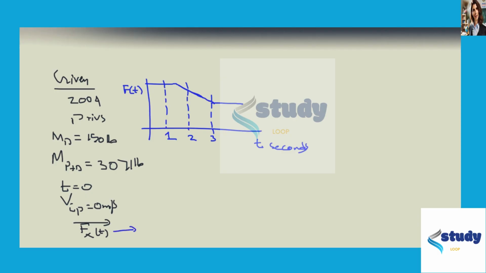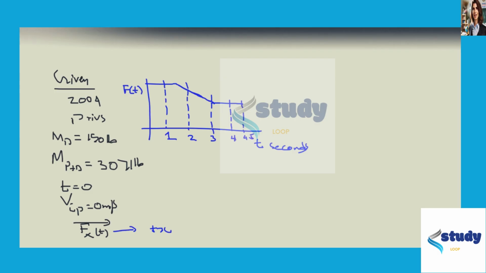Remember, the movement is towards the positive x direction, so it's a positive movement. The other thing that happens is the car goes all the way up until 4 seconds, and then we have 4.5.